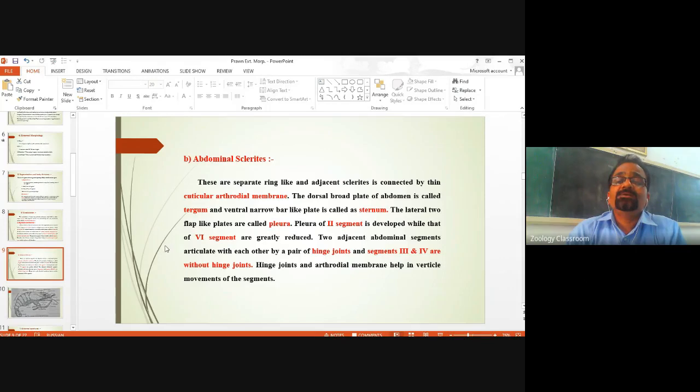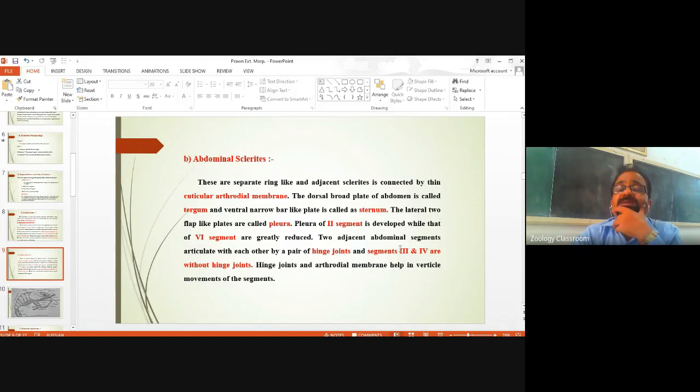The lateral two flap-like plates are called pleura. The membrane between the tergum and sternum is called the pleura. Remember, what did we call the membrane between two adjacent segments? The arthrodial membrane. But the membrane between sternum and tergum is called the pleura. The pleura of the second segment is developed, while that of the sixth segment is greatly reduced.